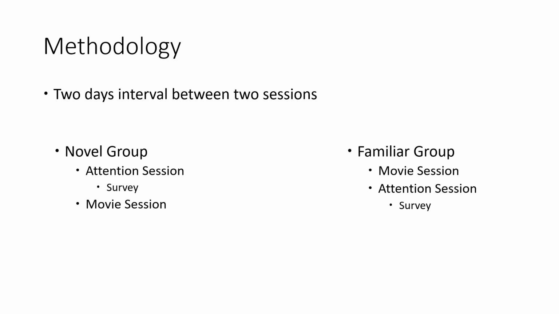This session is crucial for gathering our primary data on cognitive control. In the movie session though, participants were simply asked to watch a movie in the same testing environment where the attention session would later occur. The key here was not the content of the movie or the participants' reports on it, but rather the opportunity for participants to become familiar with the surroundings of the testing environment, even though they are not conscious of it.